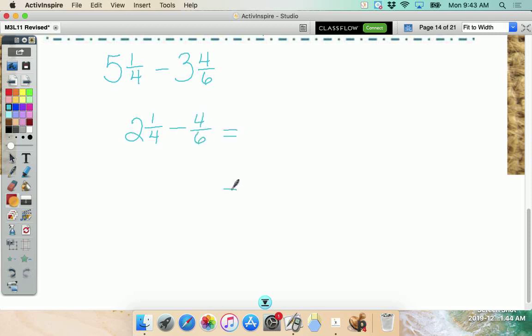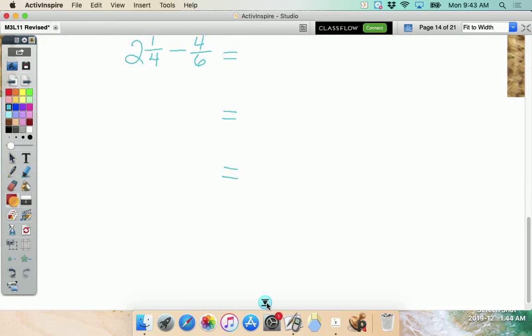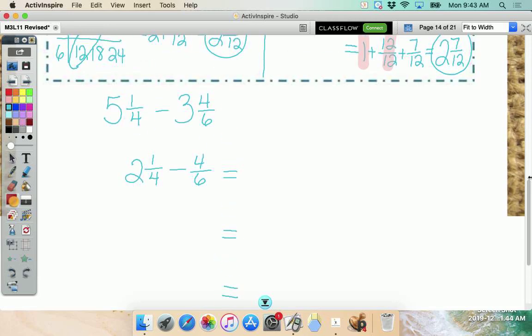Now put your equal signs. And you're going to need 4 of them. Okay, so all I did was I subtracted the whole numbers prior to starting the problem.